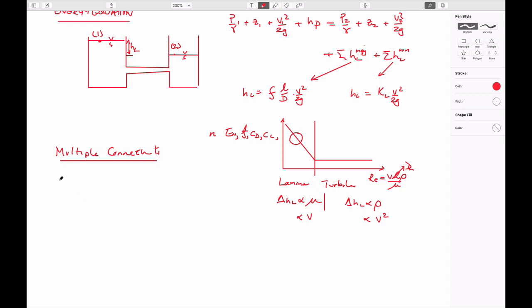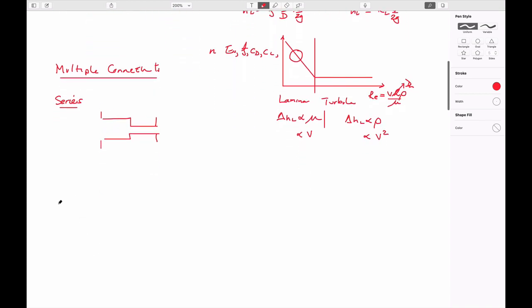We have in series, pipes that are joined in individual components between upstream and downstream, in this particular case.